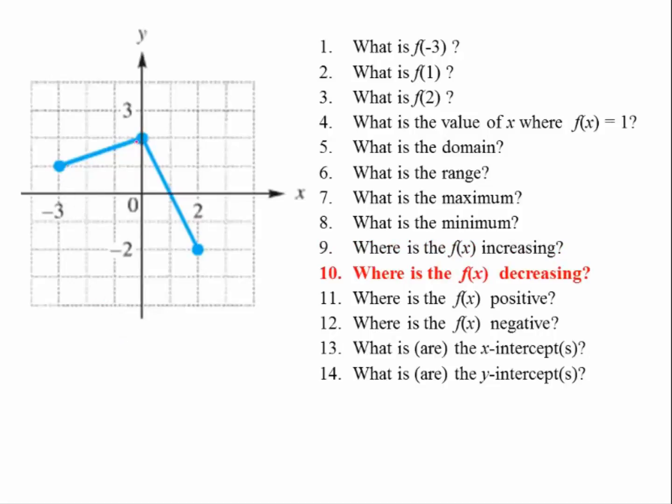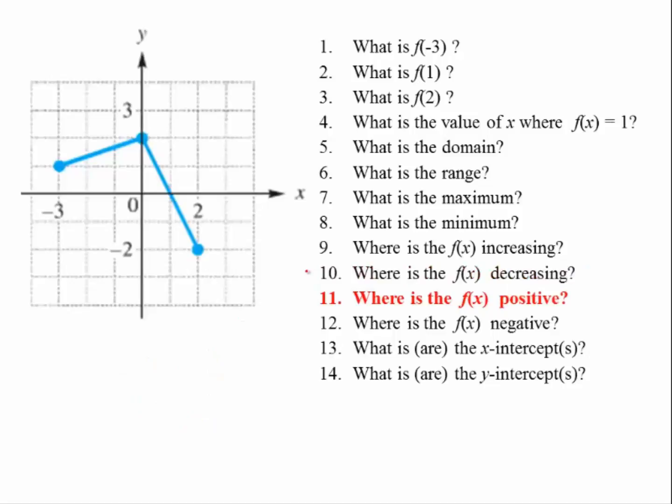It was increasing here, but from this point all the way down to this point, this is a negative slope, and this is decreasing. So we say from 0 to 2. In set notation, this would be parentheses 0 comma 2 parentheses, because these are not equal to.